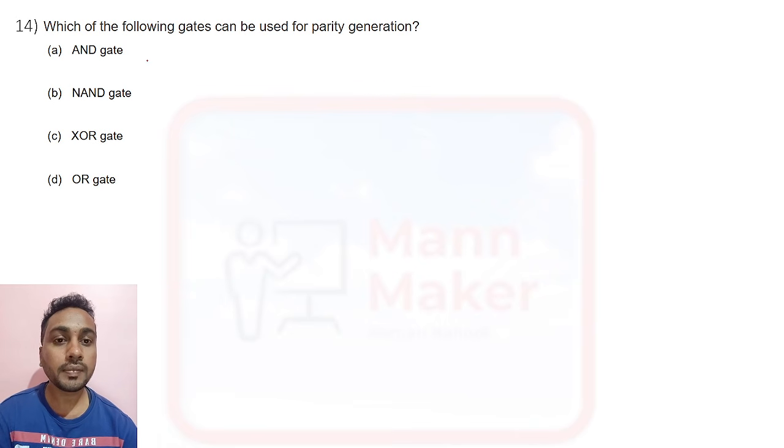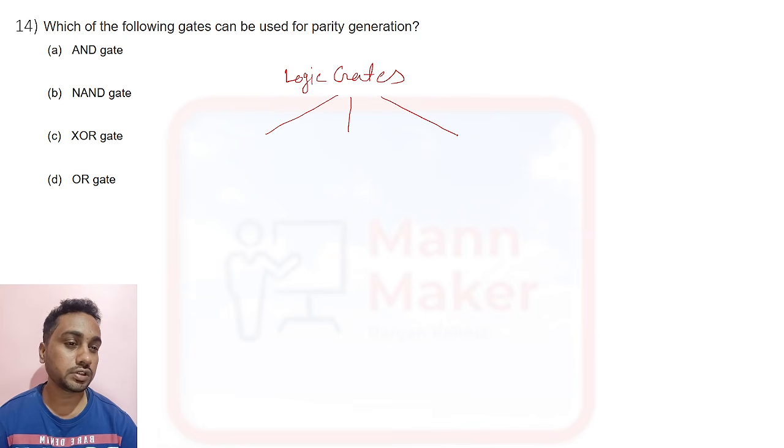Okay. Which of the following gates can be used as a parity generator? So if we talk about logic gates, we have 3 types of logic gates. What are the 3 types? I know you will say AND, OR, NOT. But that is another thing.